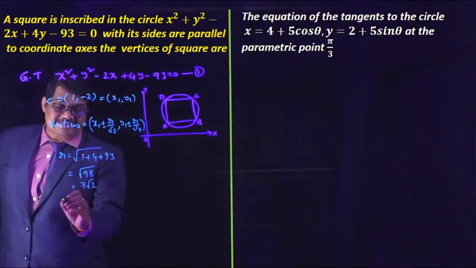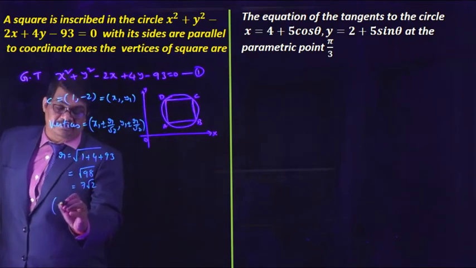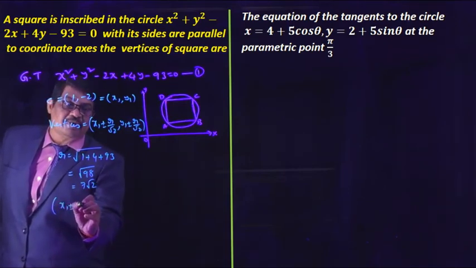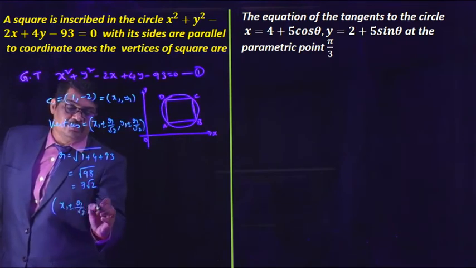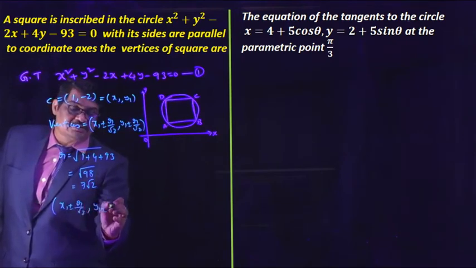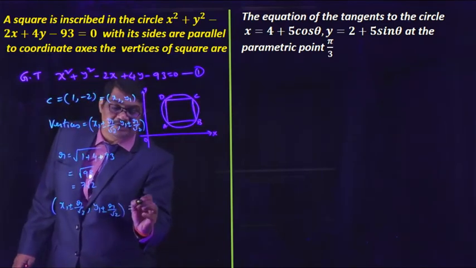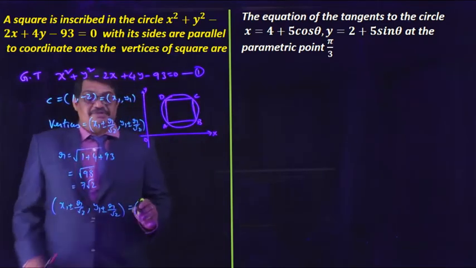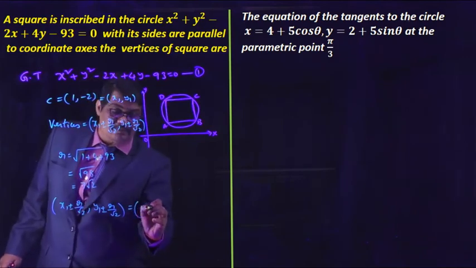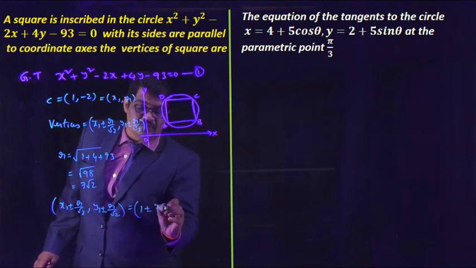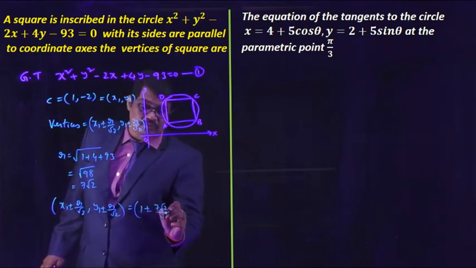Therefore the vertices are, we are writing the formula: x1 plus or minus r by root 2, y1 plus or minus r by root 2. Now we have to substitute the values here. What is x1? x1 is 1 plus or minus r, what is r? 7 root 2 by root 2, comma.